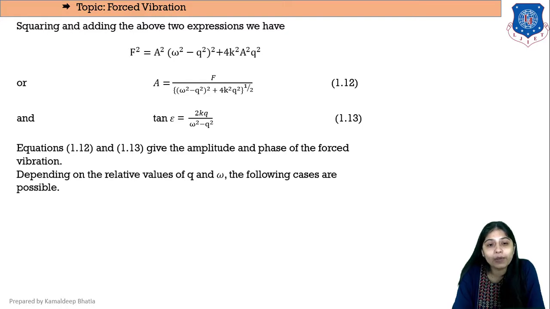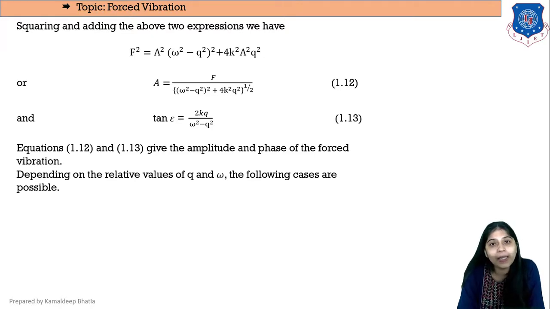Also, tan ε = 2kq/(ω² - q²), or we can write ε = tan⁻¹[2kq/(ω² - q²)]. So these equations give the amplitude and phase of the forced vibration.